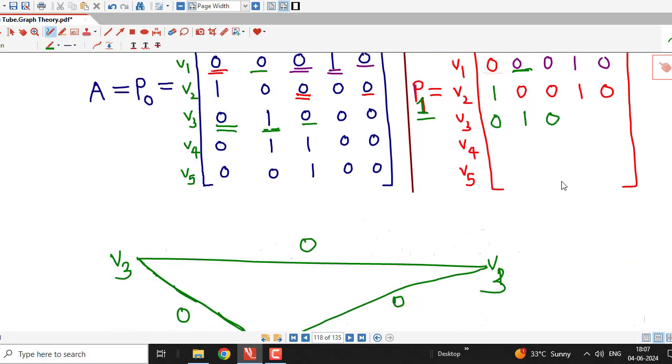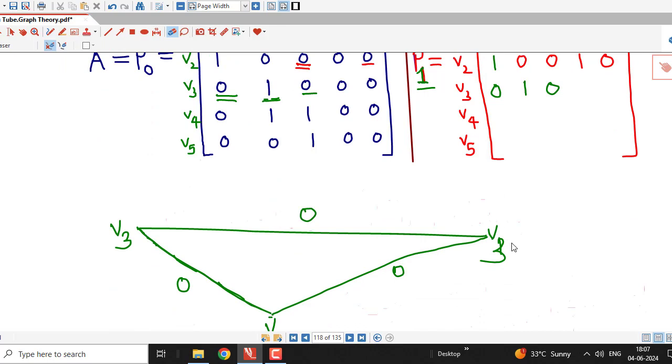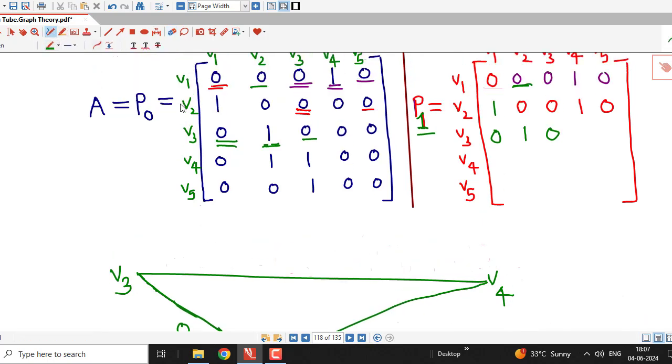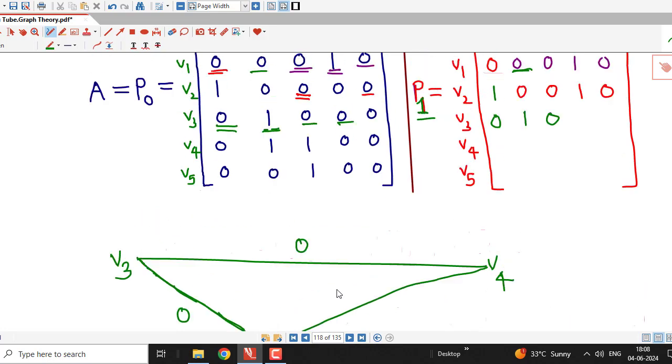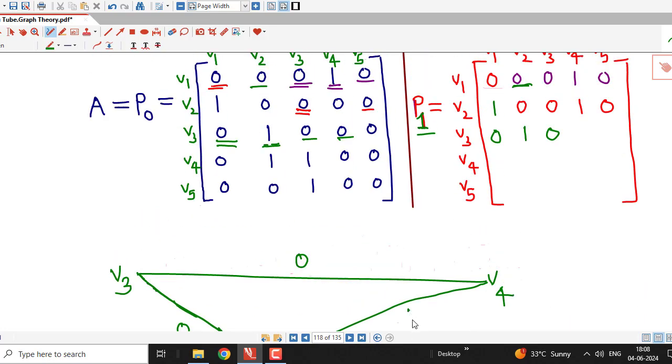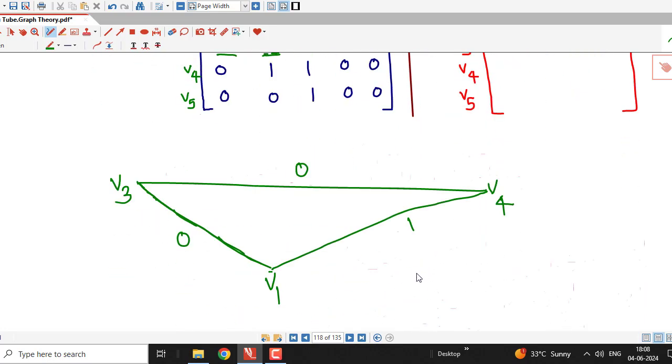Now we write for V3 to V4. Let me remove this. For V3 to V4, here we can see 0, and this entry is 0, so I don't have to check V1 to V4 also, but let me check. Here I have 1. So now you can see this is 0 or (0 and 1) between these two, and that will give me 0 or 0, that is 0.